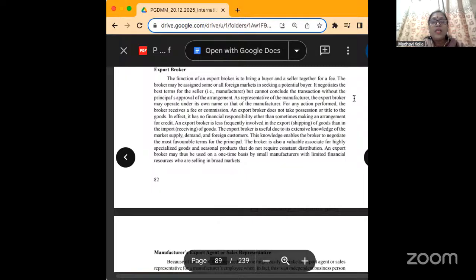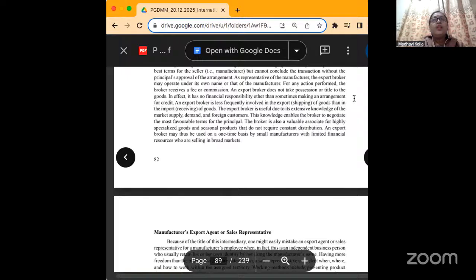So, what is happening here is if a transaction goes through from a manufacturer to an ultimate buyer or a retailer or a distributor in a foreign market, that for every such transaction, the agent may either get a fixed amount, a percentage amount, or an annual amount. However, in most cases, it is transaction by transaction that they get a certain commission.